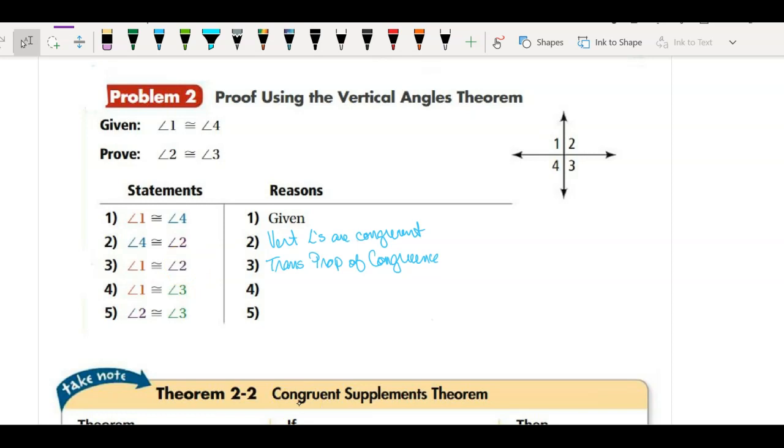Now our next statement, number 4, says that angle 1 is congruent to angle 3. Oh, that's the vertical angles are congruent. And next we have angle 2 is congruent to angle 3, and we can put that because of the transitive property of congruence.